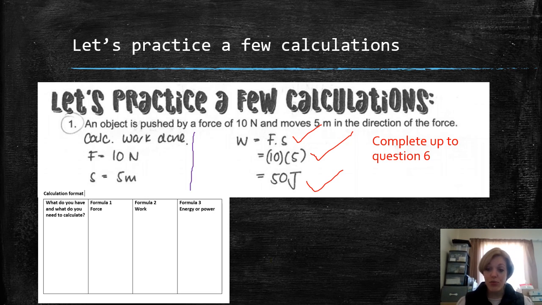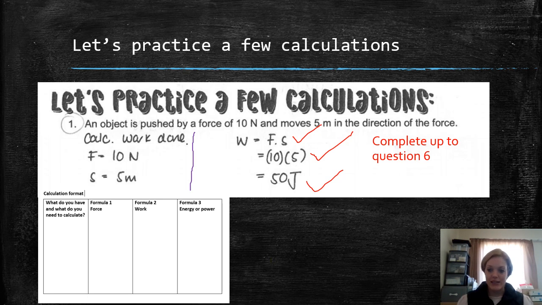So depending on the problem, column 3 could be for work, it could be for energy, or it could be for power. If I'm asking for power, then you're going to put work in there. If I'm asking for energy, then you're probably not going to need to calculate work.